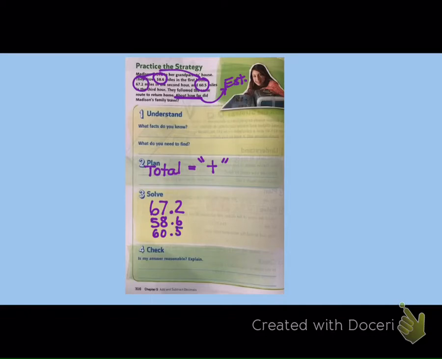So we are going to estimate. Now in this case, it doesn't tell us what to estimate to, so we kind of have to use some common sense here, right? What makes more sense? Does it make more sense to round to the nearest tens, the nearest ones, or the nearest tenths? Well, I guess it wouldn't make much sense to round to the nearest tenths.